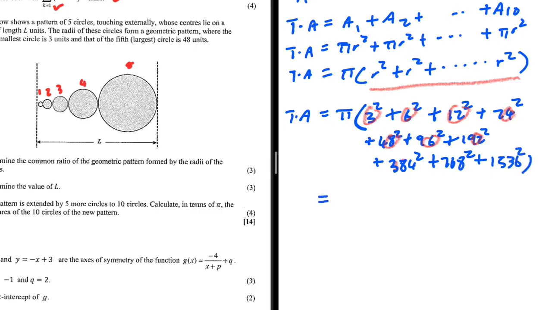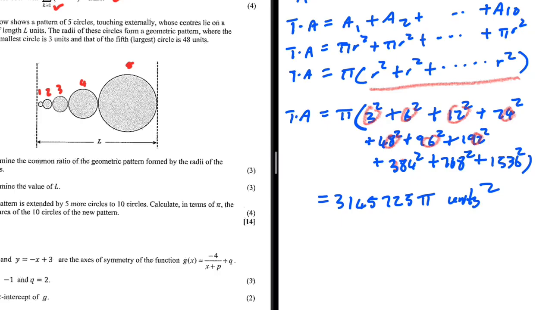So I just need to put this in my calculator. Okay, so I'm getting, is this 3 million? 3,145,725 pi units squared as the total area of the 10 circles.